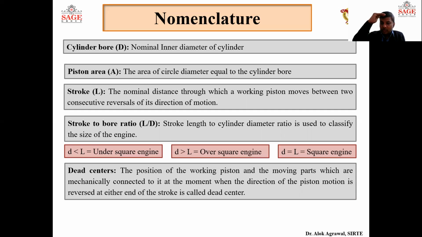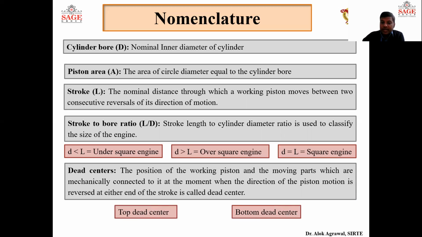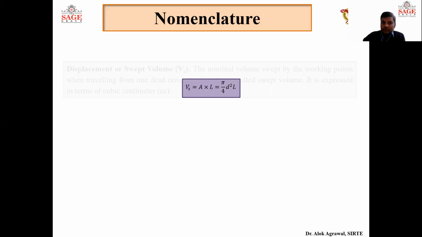The top point is called top dead center, and the lowest point is called bottom dead center. So there are two types of dead center. Dead center means the point beyond which the piston will not be able to move.